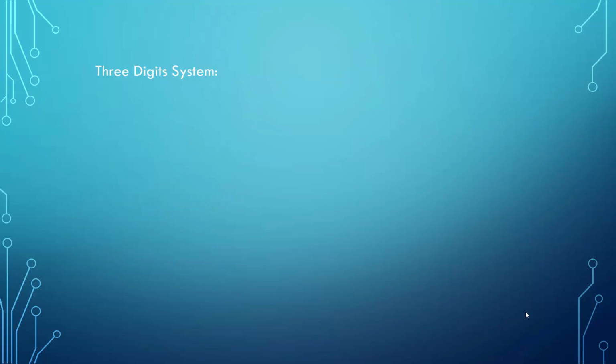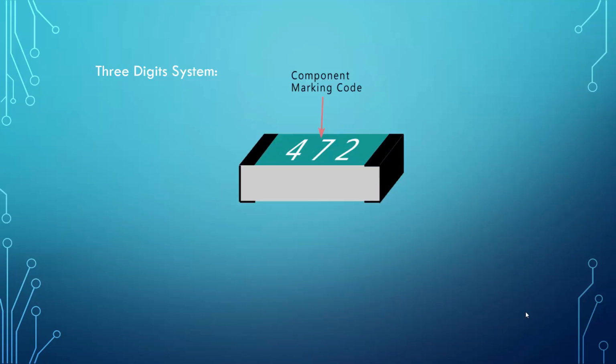In the 3-digit system, the first two digits indicate the numerical resistance value of the resistor, and the last digit gives a multiplier. The number of the last digit indicates the power of 10 by which to multiply the given resistor value.